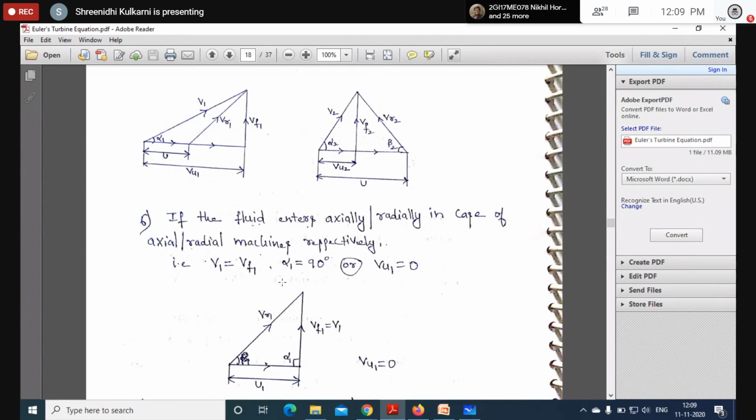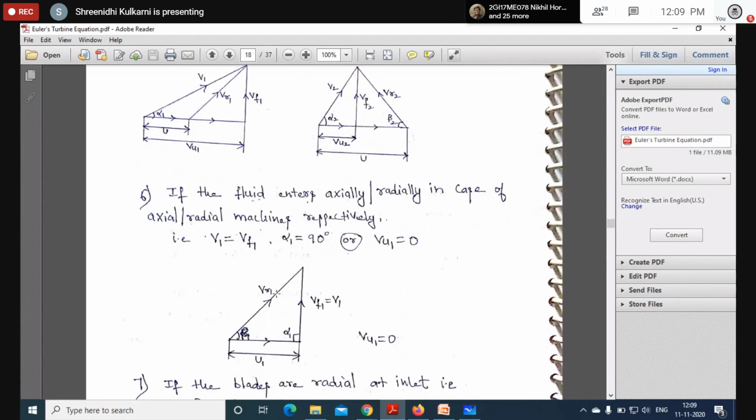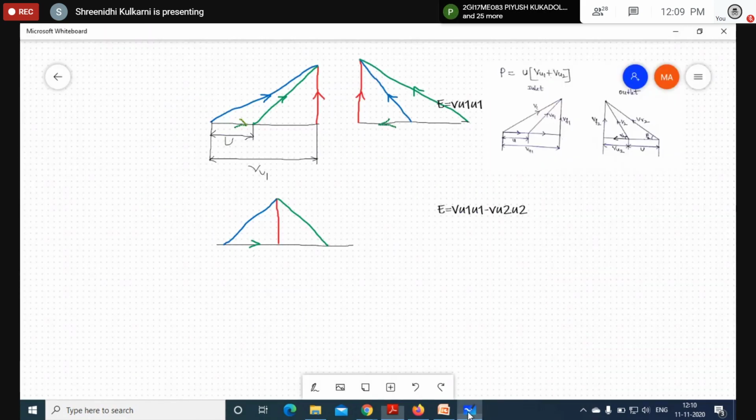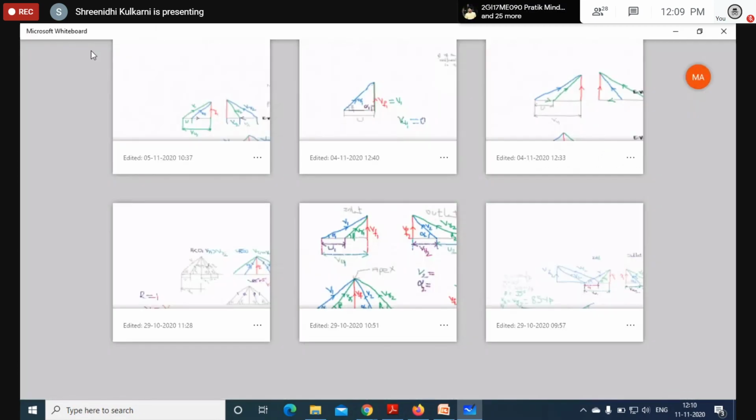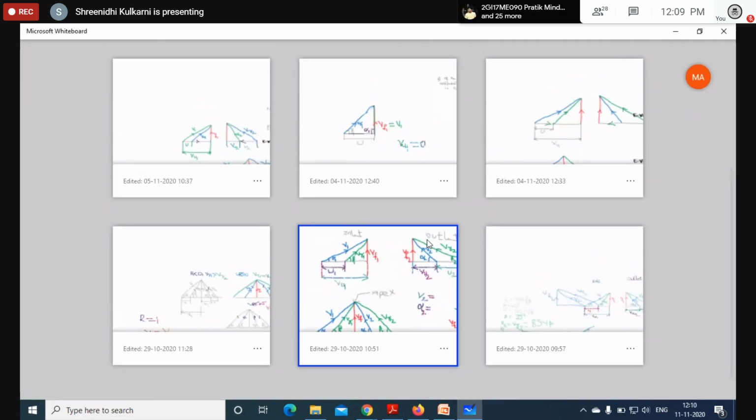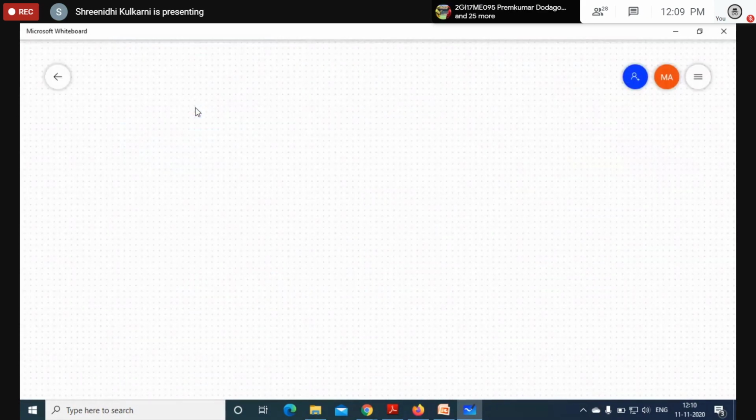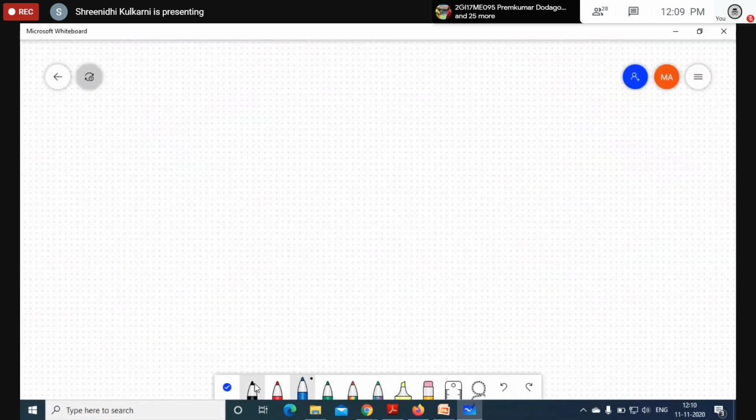Okay, so here we can see how to draw the velocity triangle for this. So I'm just going to draw the basic velocity triangle here, at inlet.